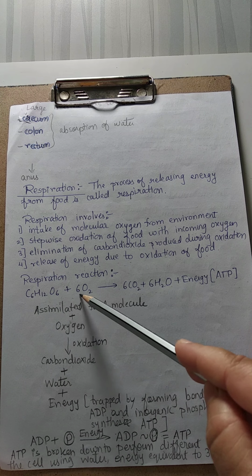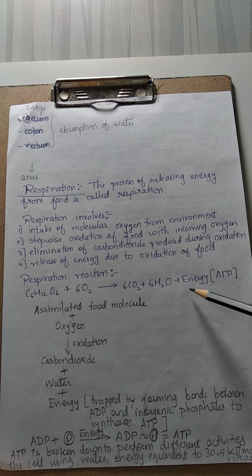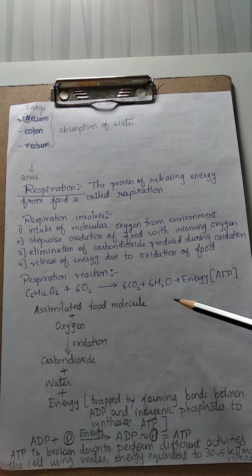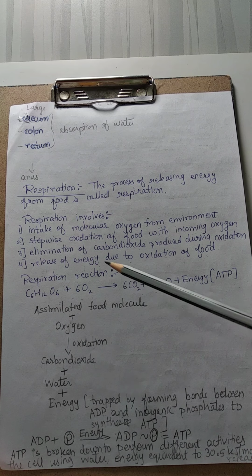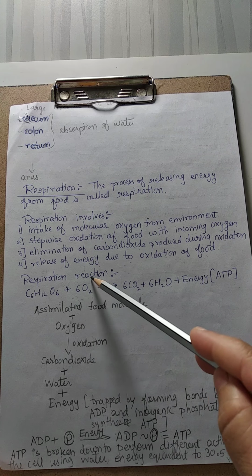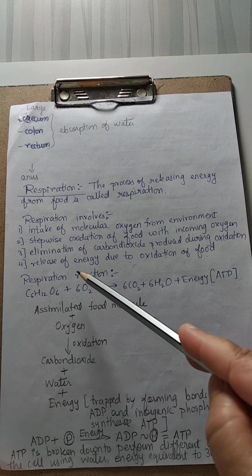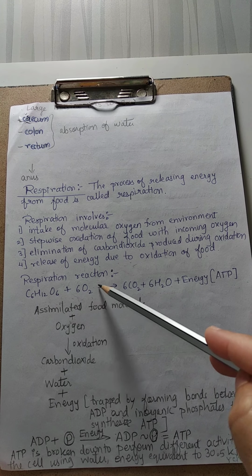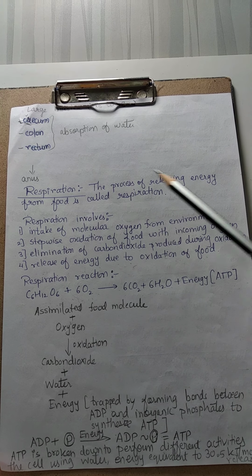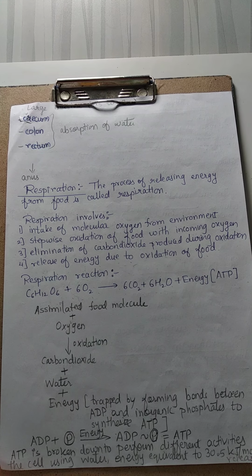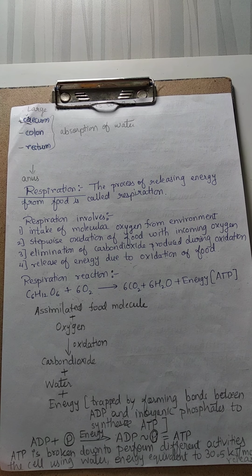This is a general reaction which we always write for aerobic respiration. Why aerobic? Because oxygen is involved over here. In anaerobic, this oxygen is not to be written in the reaction. Okay, so this is the general equation for aerobic respiration.